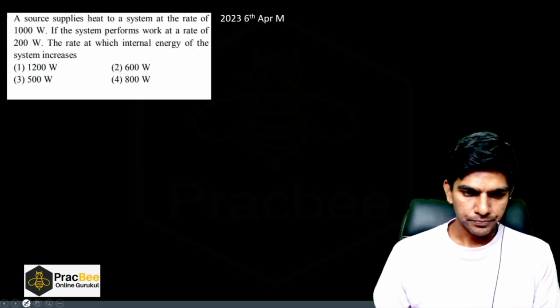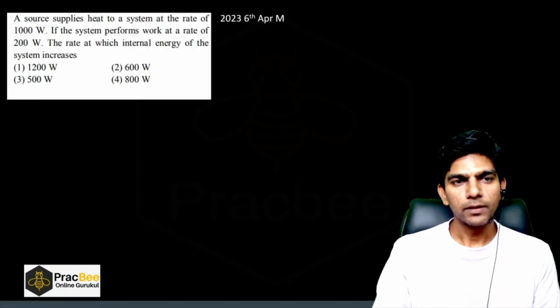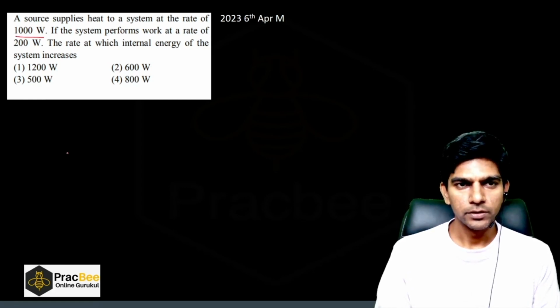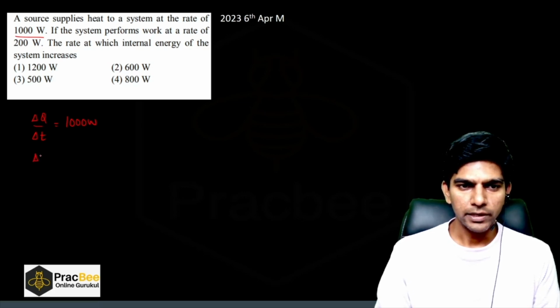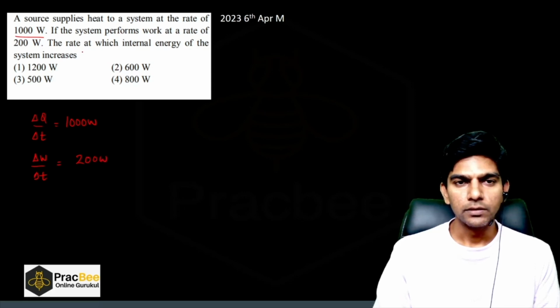Okay, right. So let us see an illustration. A source applied heat to a system at a rate of 1000 watt. So basically delta Q by delta T is given as 1000 watt. If the system performs work at a rate of 200 watt, so delta W by delta T is given as 200 watt. The rate at which the internal energy of the system increases.